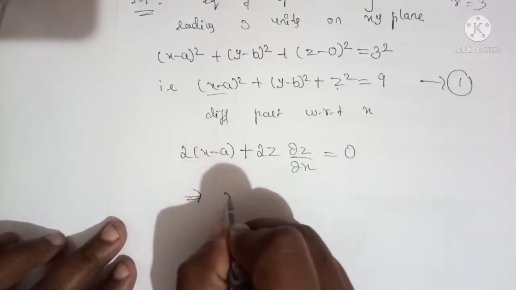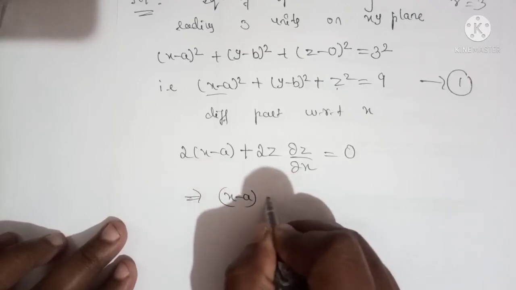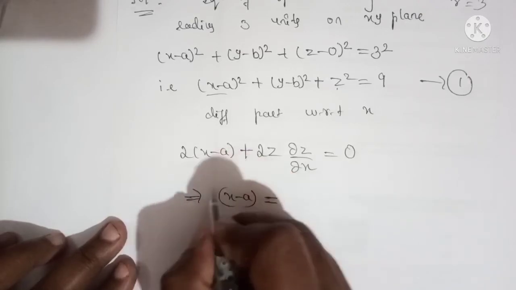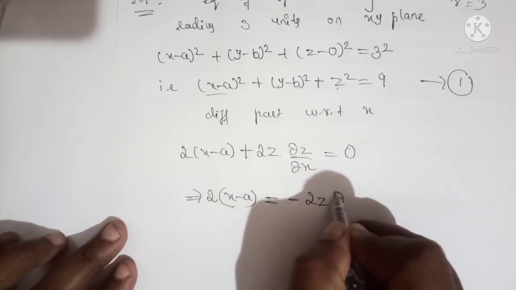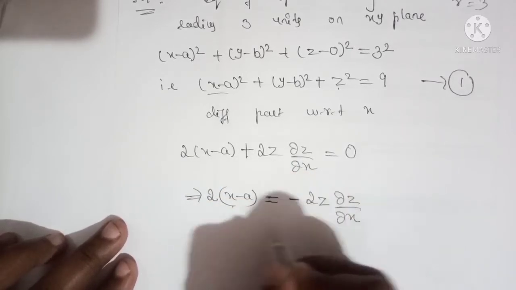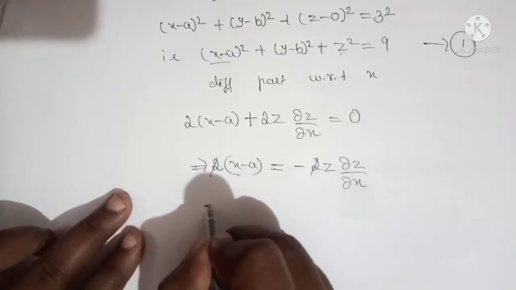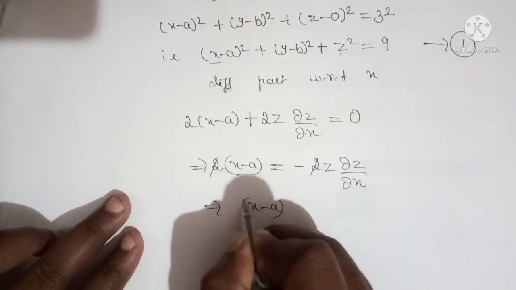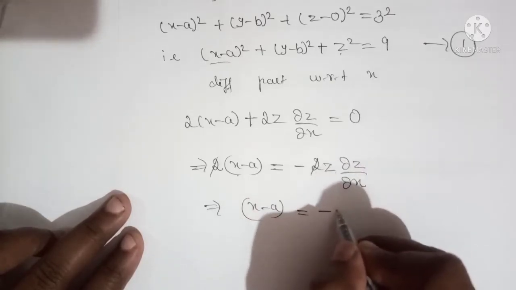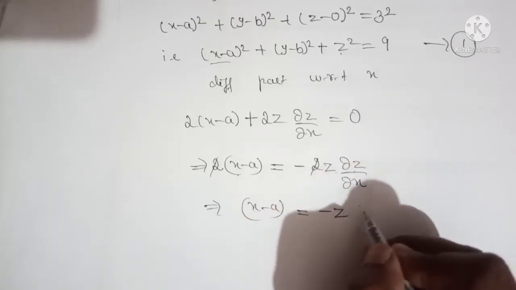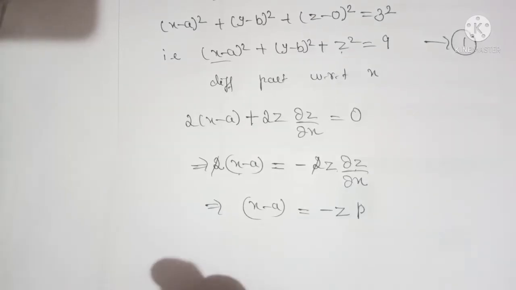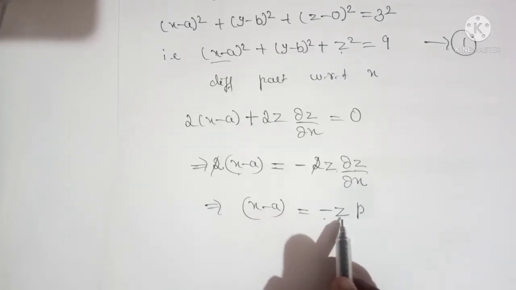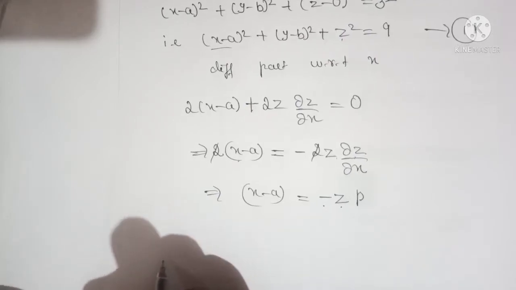We can write it as 2(x minus a) equals minus 2z dou z by dou x. The 2 gets cancelled. x minus a equals minus z into dou z by dou x, which is replaced by p. So x minus a is minus z into p.